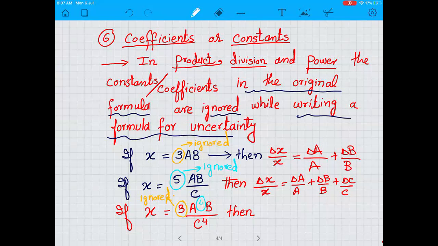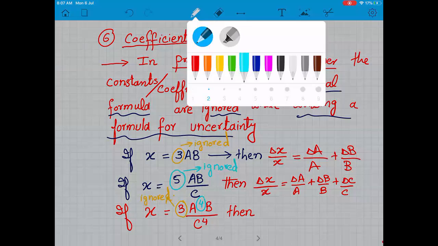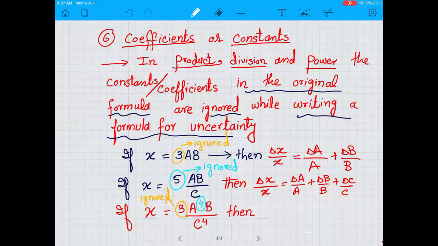Let's suppose this is 4. Now 4 is the power and 3 is the coefficient. First of all, the coefficient will be ignored and the power will become the coefficient. The formula for uncertainty will become delta x over x is equal to 4 times delta A over A plus delta B over B plus 4 times delta C over C. So constants are ignored and powers become the coefficients. This is the rule for product, division and power.